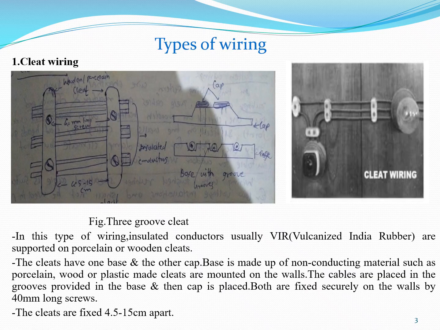The cables are placed in the grooves provided in the base, and then the cap is placed. Both are fixed securely on the walls by 40 long screws. The cleats are fixed 4.5 to 15 centimeters apart.